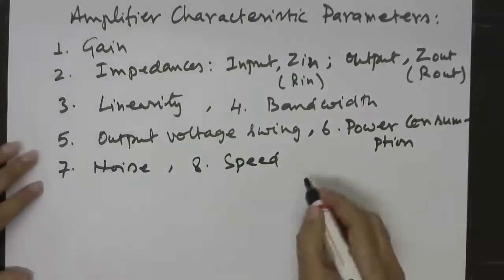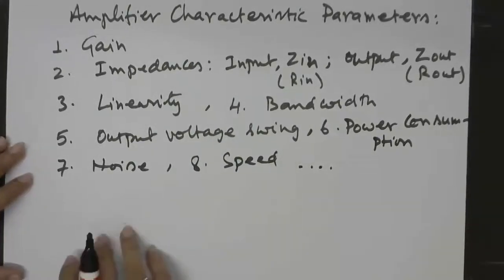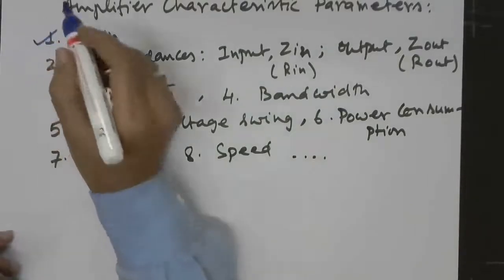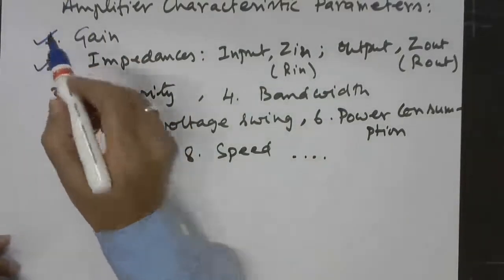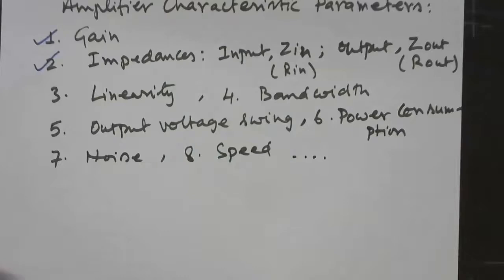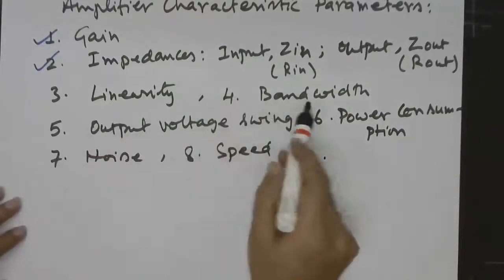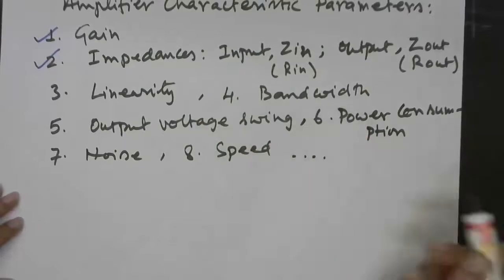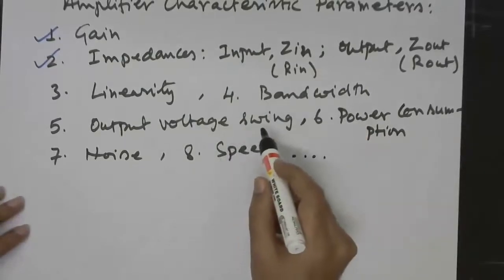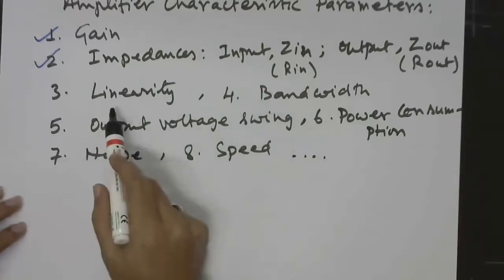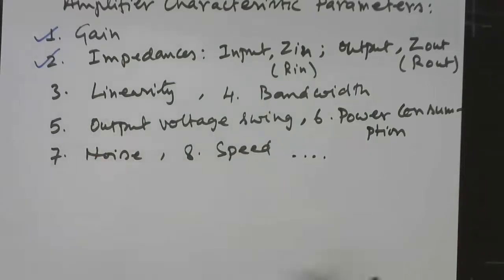But in this course, what we will focus on is all the circuits that we will discuss. For that, we will always try to find out what is gain, what is input and output impedance. And these two parameters, especially the bandwidth part, will be analyzed later on in the second half of this course. And linearity, we always assume that it is linear.